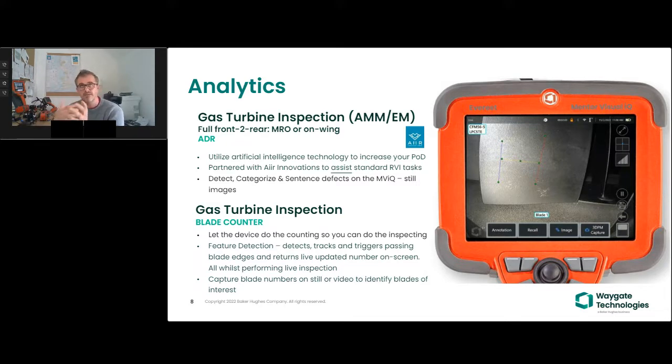So there's a whole host of tasks associated with counting and labeling on the device, which are now removed by using the blade counter, so that you can focus on what you're there to do, which is obviously inspecting that part and making sure it's safe for continued operation.